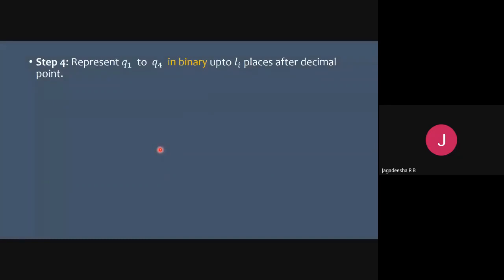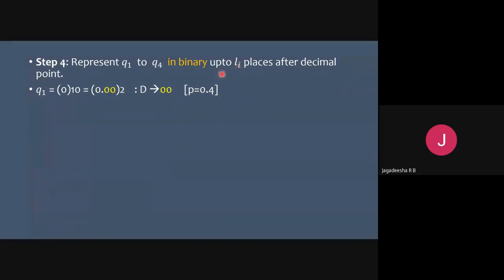So how to convert? The first value is Q1, right? What's Q1? Q1 is 0 in decimal. In binary also it is 0 only. But I have written here 0.00 in binary. Why are there 2 zeros here? Do you know why? Because the L1 value is 2.